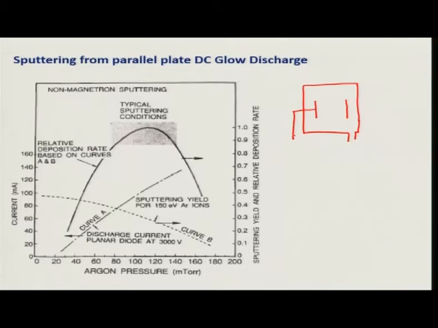These are cathode and anode, between which we apply a voltage V. And remember, the cathode is also our target, the material that we want to deposit on the substrate. The substrate is either placed at the anode or at any other place in between inside the plasma.